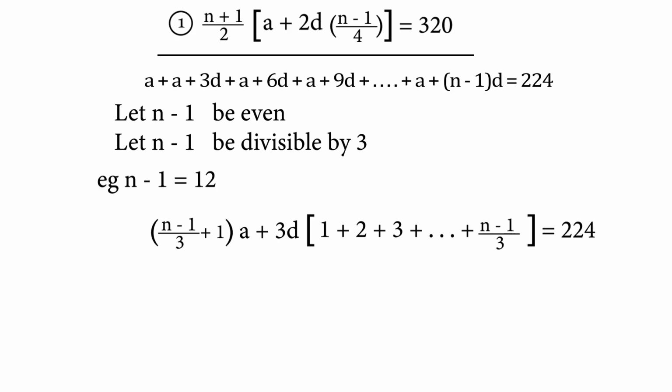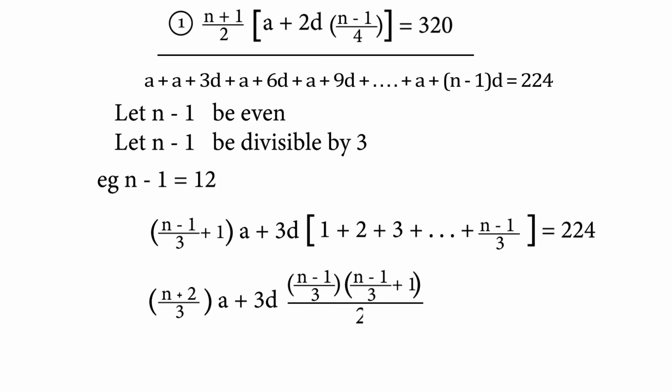And that is all equal to 224. Simplifying, this becomes (n plus 2) over 3 times a, plus 3d, and if you use that formula, you get (n minus 1) over 3 times ((n minus 1) over 3 plus 1) all over 2.